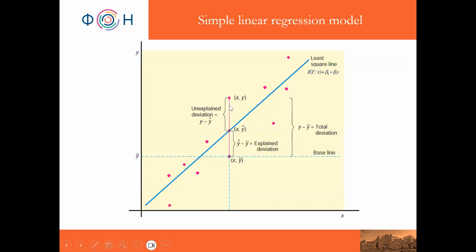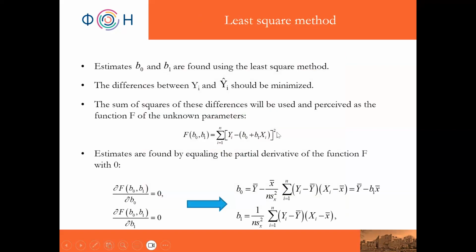As those differences can be positive, as here, and negative, as here, to eliminate the possibility of having positive and negative differences, we are going to observe the squared differences. This is a common approach in statistics. When we are observing differences, it is quite good for us to observe the squared differences, because, as we said, the differences can be both positive and negative.